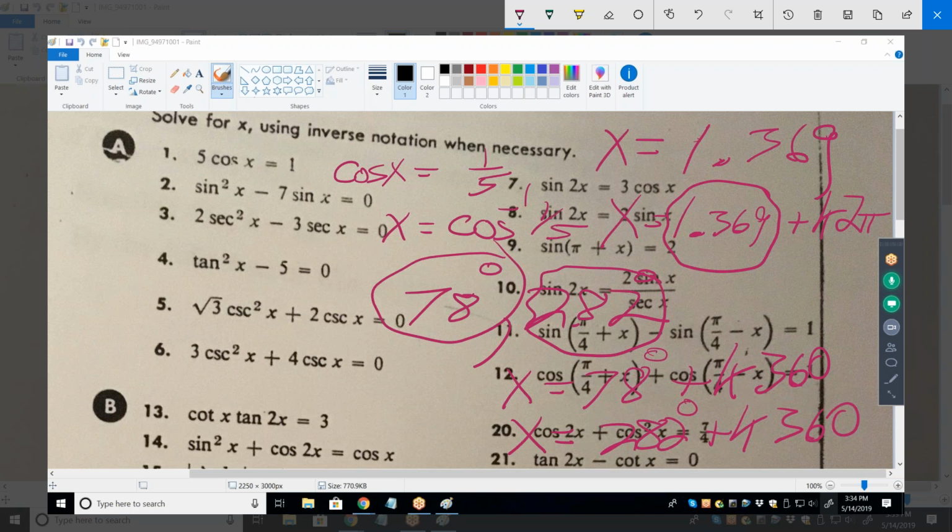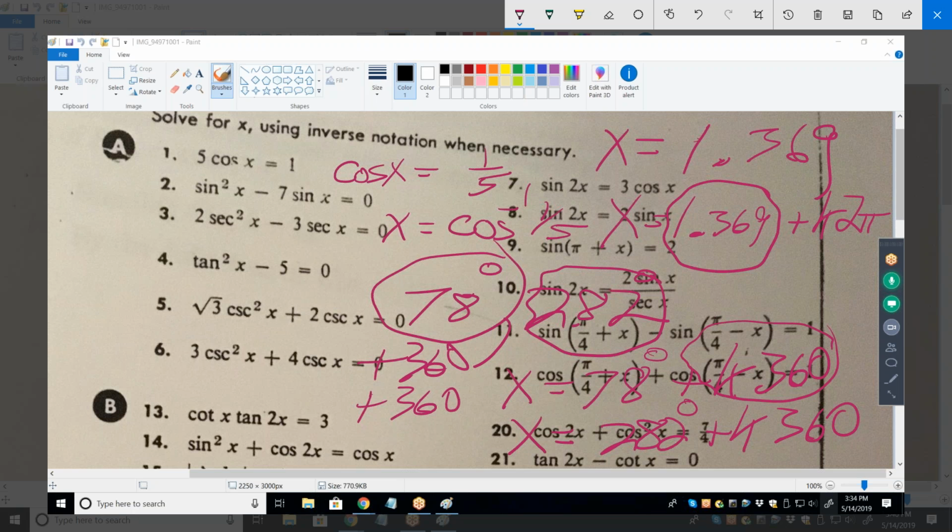And if you were in radians, you just replace the 360 by 2 pi. In other words, it's 78 degrees plus 360. So 438 would give you cosine equal to 1/5. I could add another 360 to it. I could subtract 360 from it. All of these multiples where k goes from negative infinity integer to positive infinity integer.